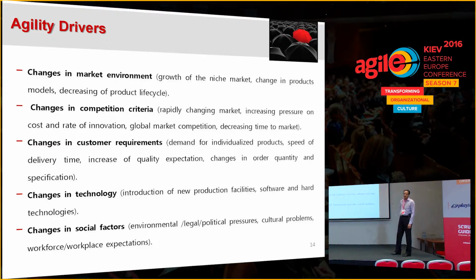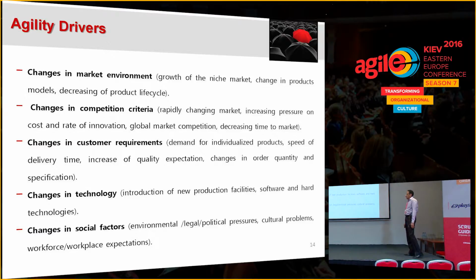Change in the competition criteria, competition between companies. Now the competition is not like before. It has become very, very hard and strong. Change in the technology. The role of technology today is very important because companies can't compete if they don't have the right technology.